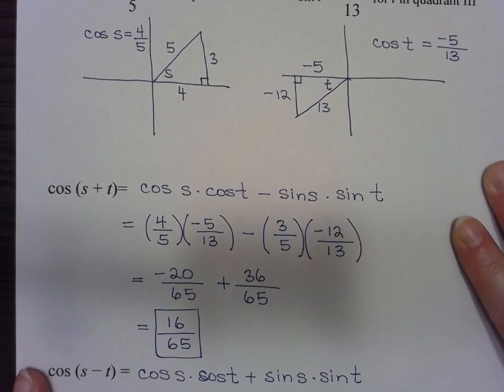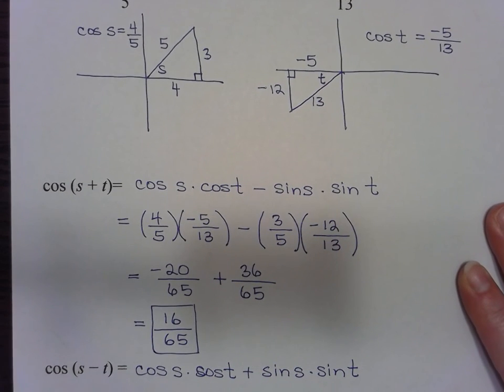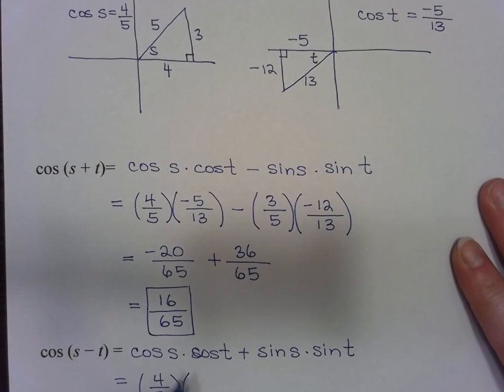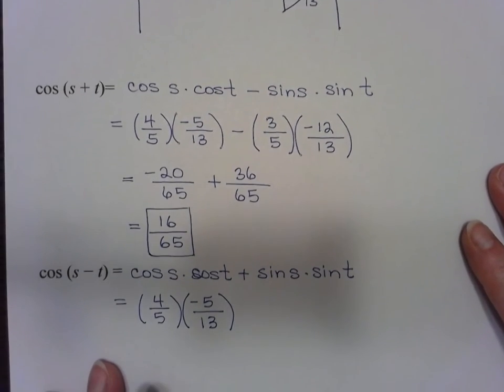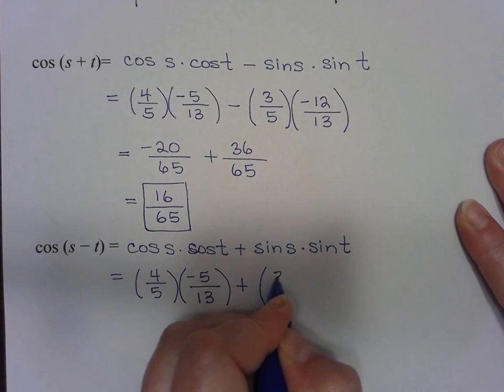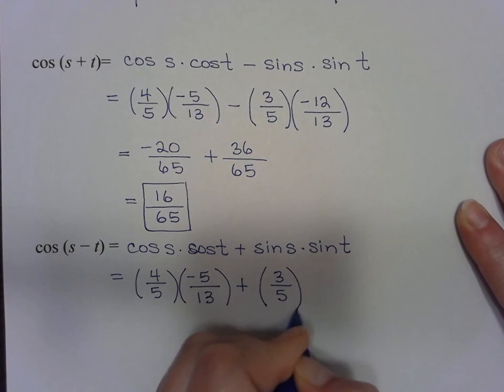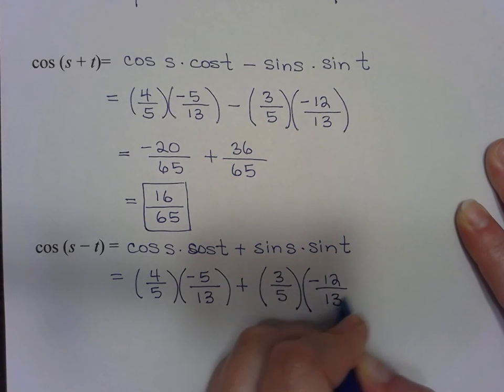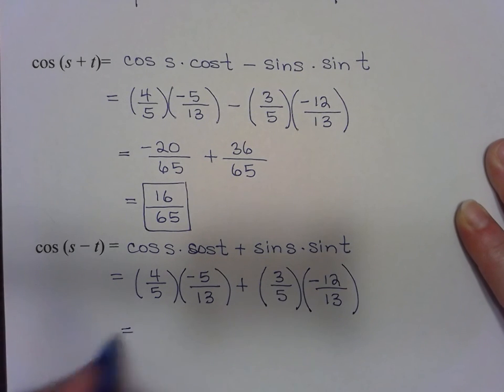The cosine of S is 4/5, and the cosine of T is -5/13. Actually, I guess they're the same, it's just that this is a plus, right? So the sine of S is 3/5, and the sine of T is -12/13.